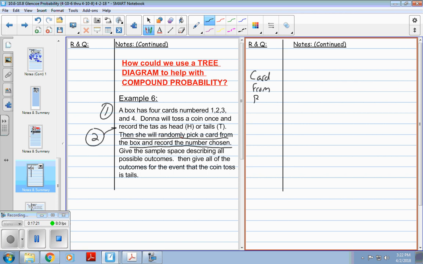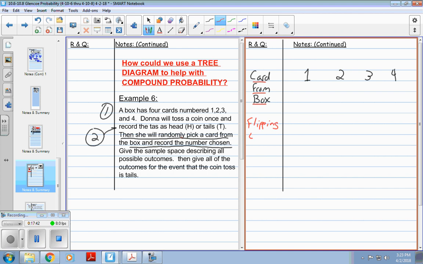And anytime we choose a card from the box, that card is either going to have the number 1, the number 2, 3, or 4. Now we have to assume after we choose the card from the box, our second event is flipping a coin.